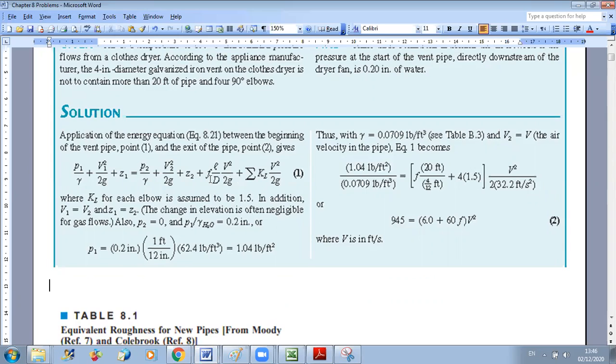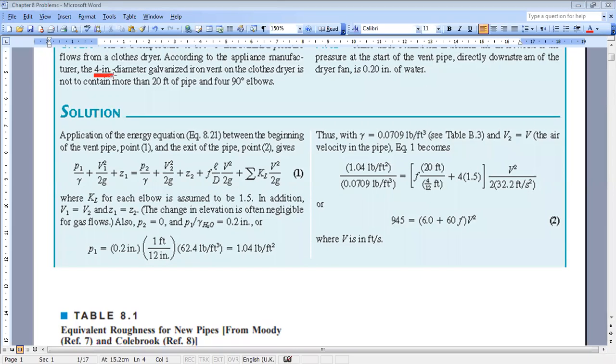Now what we will do with this term, f times L over D. First, L is given, it's 20 feet. And the diameter also is given, so it's 4-inch diameter. So D is given, L is given, but the factor f is not given. Okay, so f is unknown.